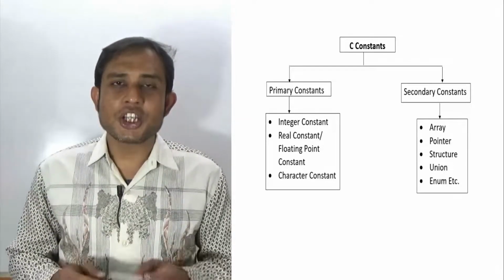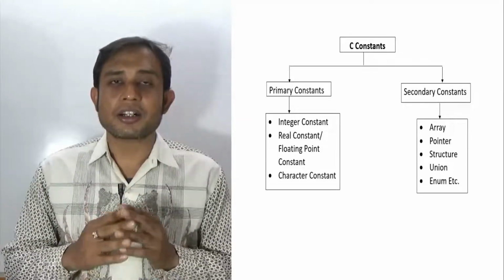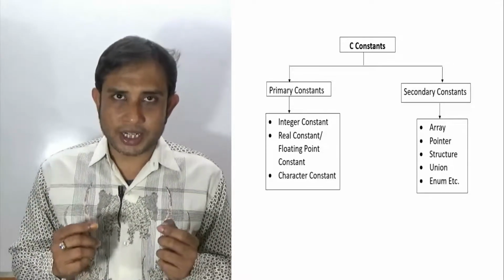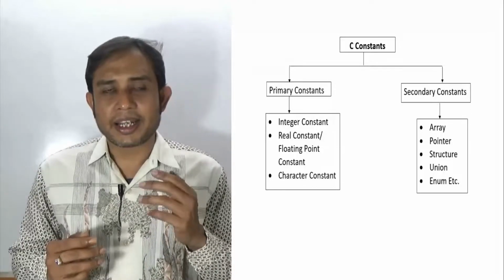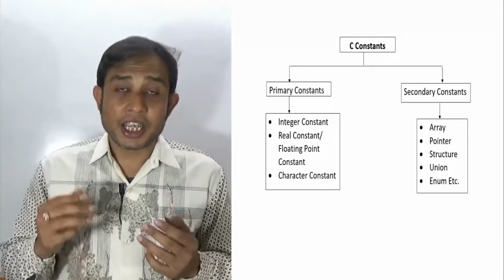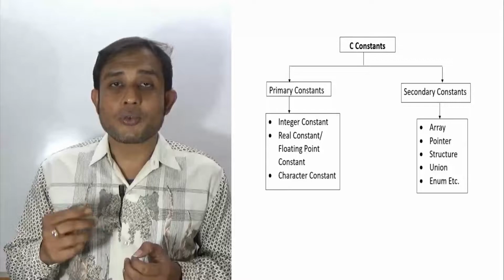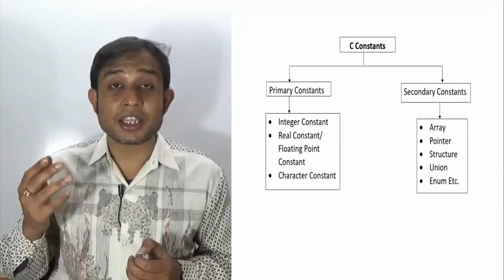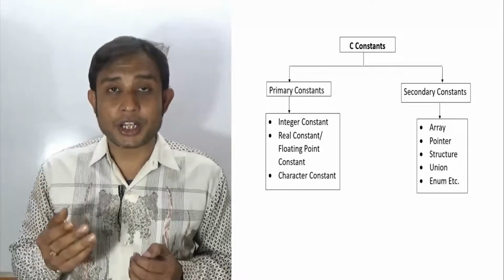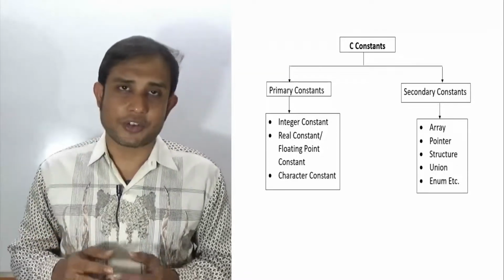In the C programming language, constants are of two types: primary constants and secondary constants. Primary constants are again categorized into different types: integer constants, real or floating point constants, and character constants. Secondary constants include array, pointer, structure, union, etc.